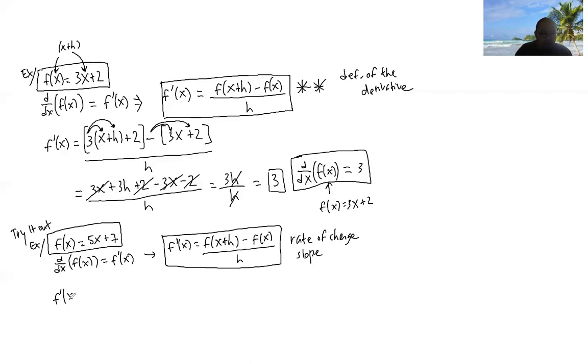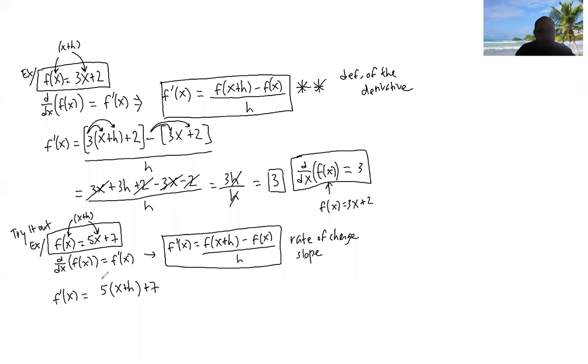The derivative of the function f of x is equal to f of x plus h. Wherever you see an x, you're going to plug in x plus h. So in here, it's going to be right there. For your first term, it's going to be 5 times x plus h, plus 7.